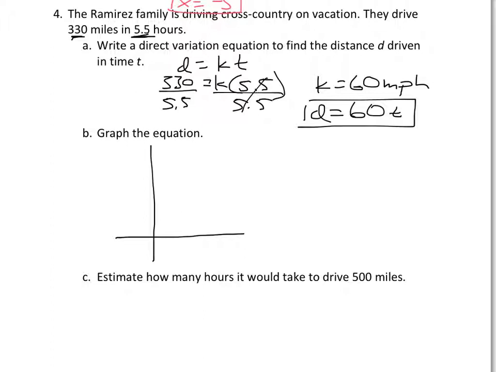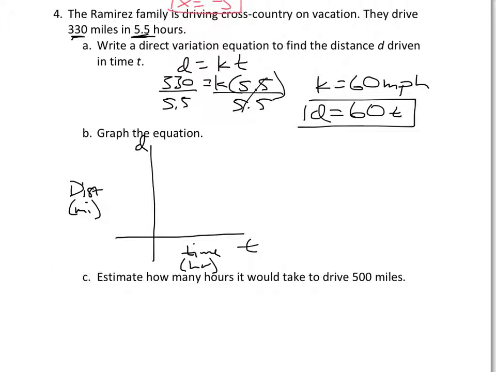Okay, we need to label what we know, what this is talking about. So the d axis is going to be our y. The t axis is going to be our x. Okay, so because t is in the x position and d is in the y position, this means over here, this is the distance in miles. And this is going to be the time in hours. Okay?